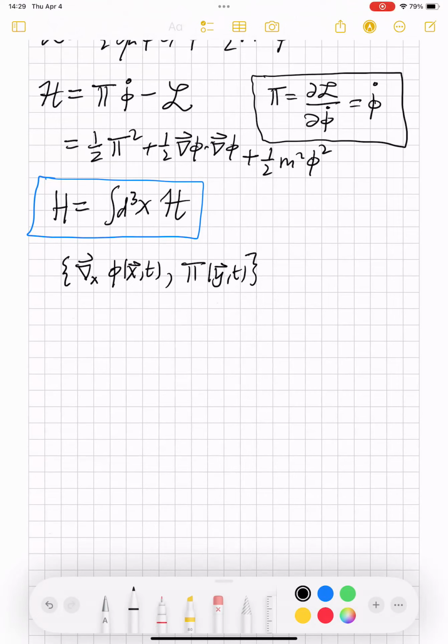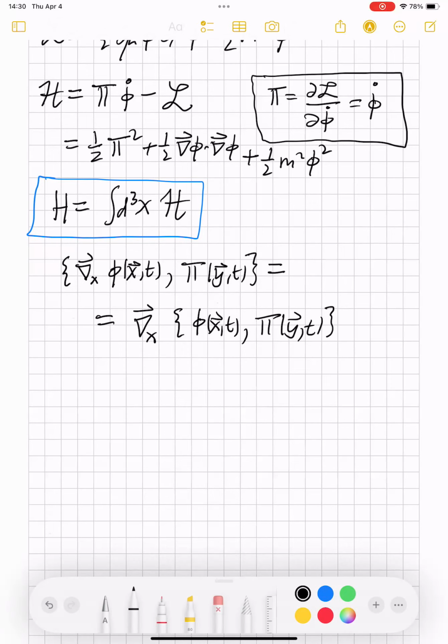Okay, so that's what you're going to have to calculate. Now, remember that the Poisson bracket involves functional derivatives. So what this Poisson bracket is equal to is actually the derivative of a Poisson bracket that you know. So if you've got the Poisson bracket of the derivative of a field with something, you can take the derivative of the Poisson bracket with that field.